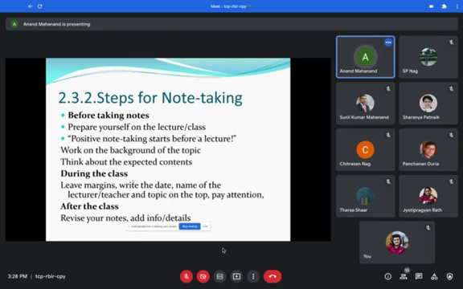Work on the background of the topic. Suppose there is a class tomorrow on Sarojini Naidu, okay, or Rabindranath Tagore's poem. So, what do you know about Rabindranath Tagore? If you have some idea, that is fine. You don't stop there. If you want to know more about Tagore, you Google it, find out more information about the background.